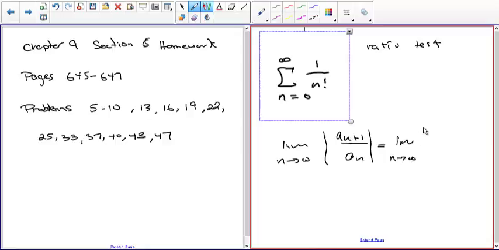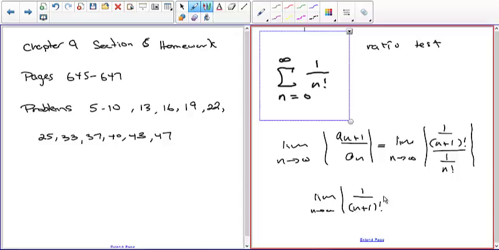So you'd have 1 over n plus 1 factorial divided by 1 over n factorial. And remember what we did is we take the reciprocal of the denominator. So we have 1 over n plus 1 factorial times n factorial over 1.